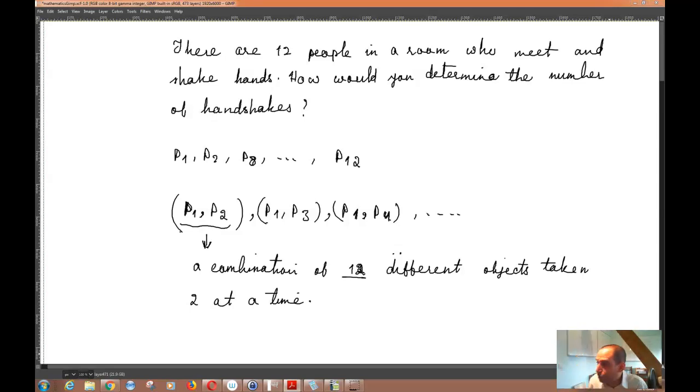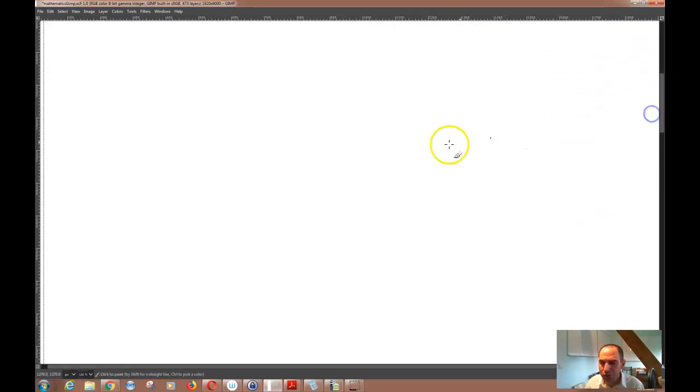Now, in order to obtain the formula for finding the number of combinations of n different objects taken r at a time, we can use permutation in order to find some formula for combination.